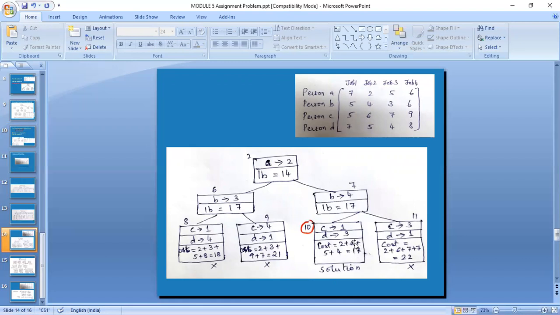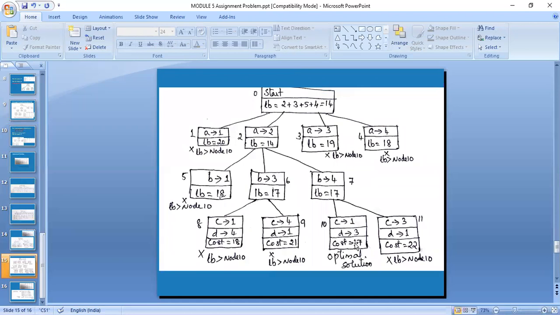So this is another problem where, whenever you get an optimal solution, please compare it with the previous levels and find out what the lower bound value is. If your lower bound value is greater than node number 10, which is your optimal solution, then you need not generate it further.